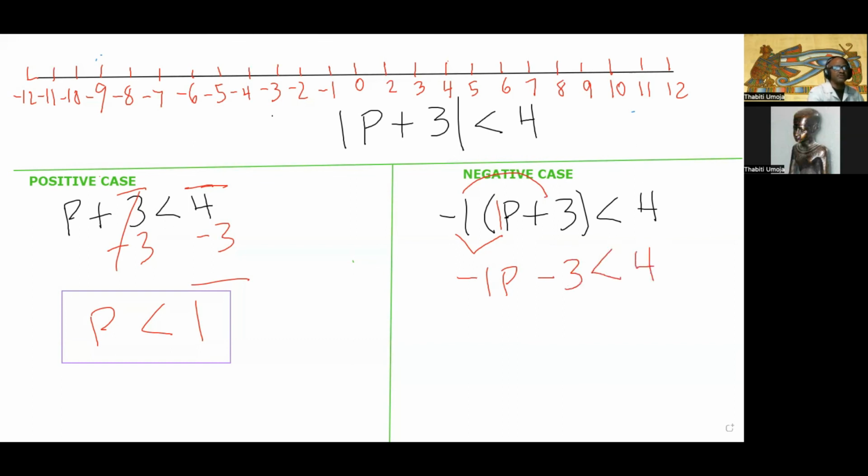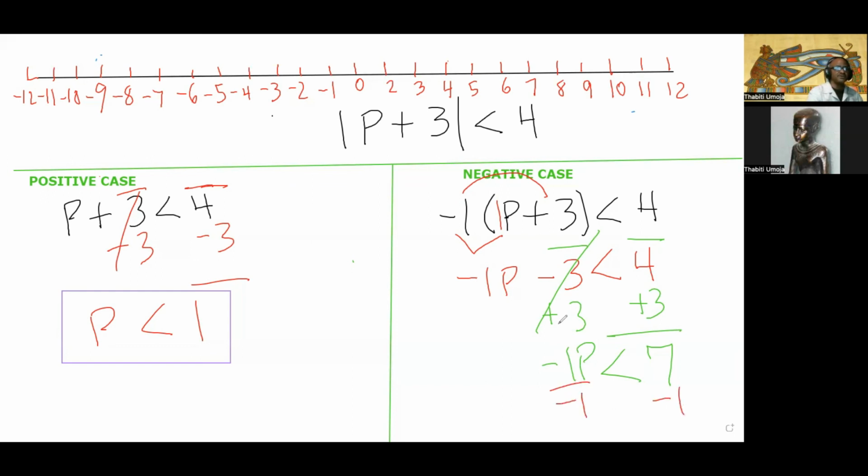Now, what are your like terms? You have 4 and negative 3. Which one are we going to move? Yes, this one. You make that positive 3. Make this positive 3. Cross this out. Then we have, yes, a 7. Then the symbol, and then we have negative 1p. Got to divide. Negative 1 here.